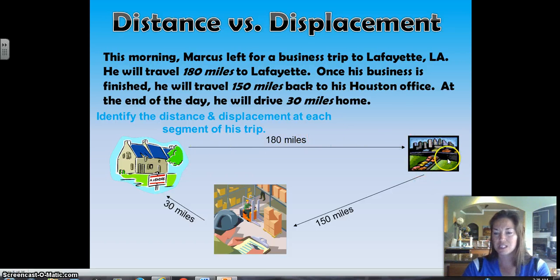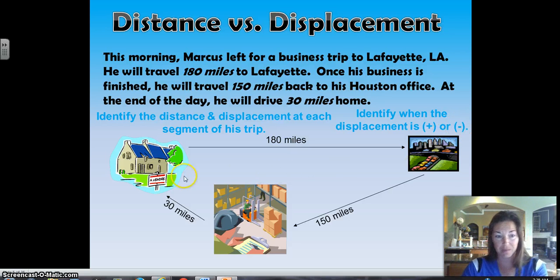And then when his business is finished here, he travels 150 miles back to his office in Houston. And at the end of the day, he travels the remaining 30 miles home. Identify the distance and displacement at each segment of his trip, but I also want you to identify when the displacement is being positive, moving forward away from the reference point, or negative, moving backward toward the reference point.